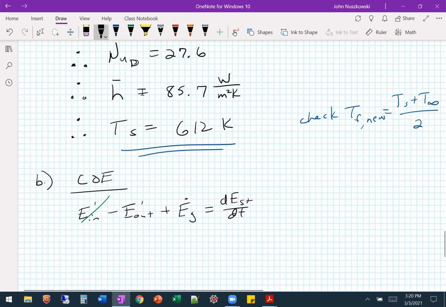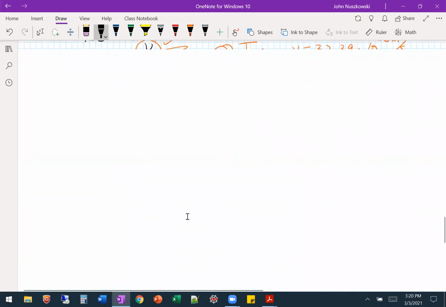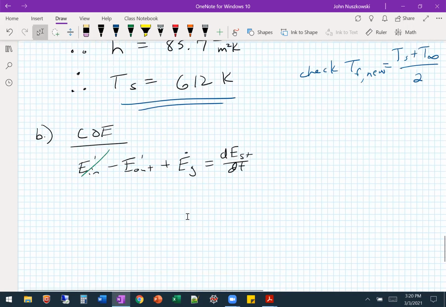E in now is still canceled, right? So we're going same thing here, but we have the stored term. All right, we have still convection.